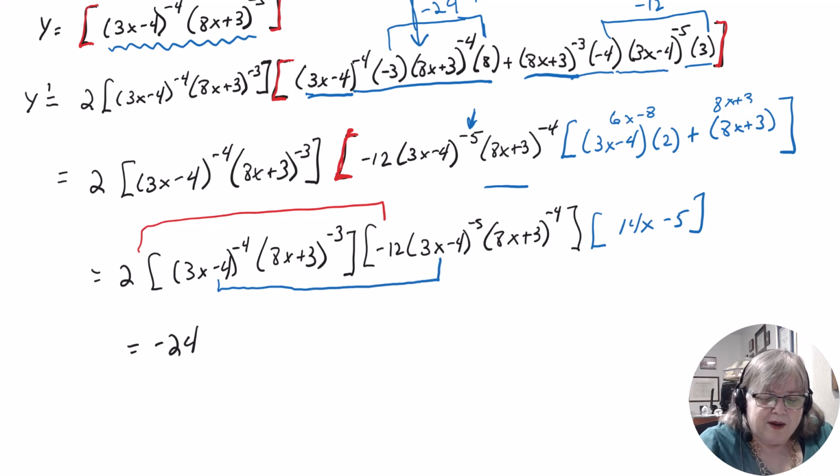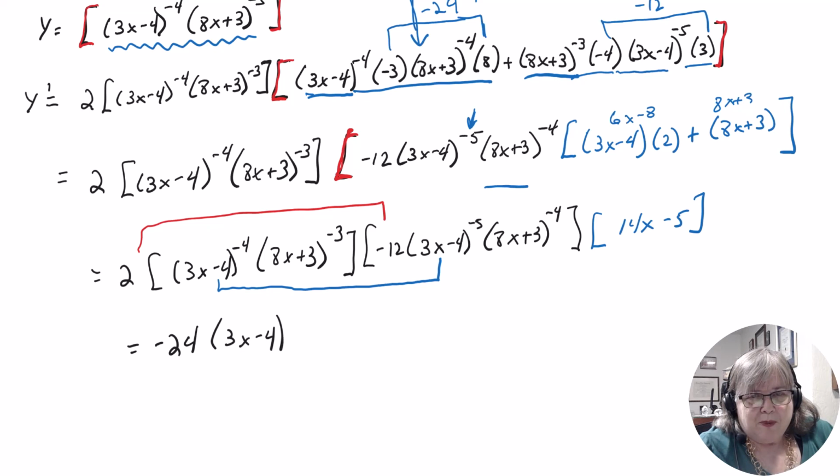So I have a base of 3x minus 4, and a base raised to a power times the same base raised to a power. You write the base down and add. So negative 4 plus negative 5 is negative 9. We're almost done. Okay?